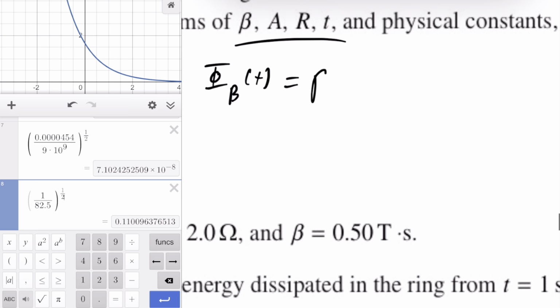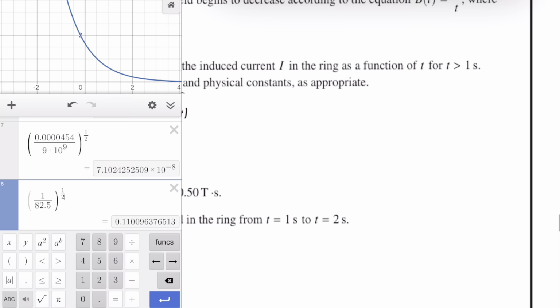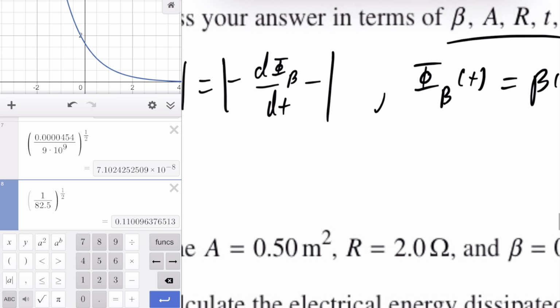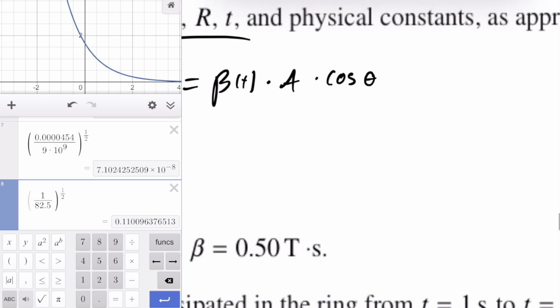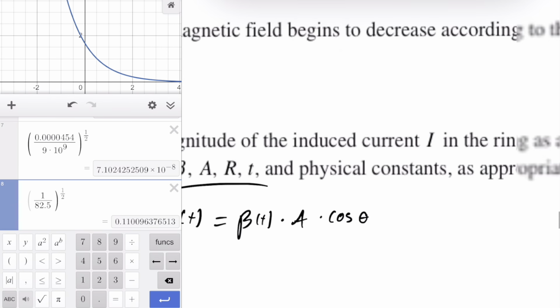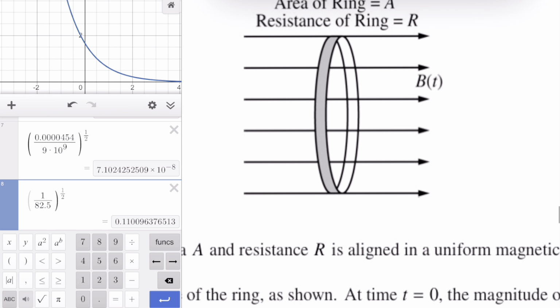Well, flux is the magnetic field as a function of time in this situation, because that's the one that's changing, times the area, which is constant. So we don't have to say A of t, we'll just say A, times the cosine of the angle between them, right? Because flux is a dot product, not a cross product. So the cosine of the angle between them, you can see here, the area vector is pointing out this way, and the magnetic field is pointing out that way.